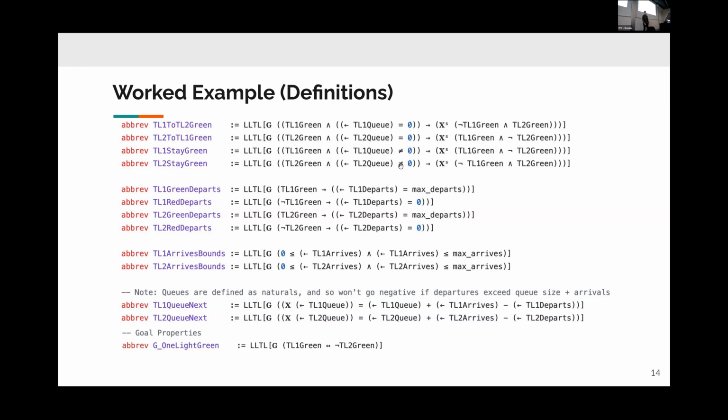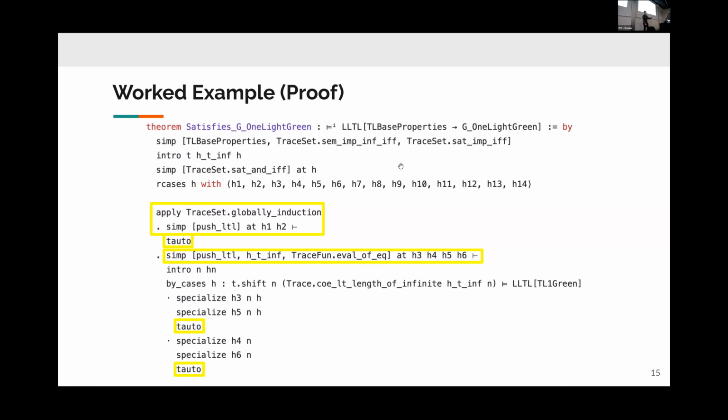That's a safety property, which means that we will not have two lights green at the same time with cars crashing into each other. A proof of this is really simple. We just use a few utilities in the library and the simp sets, and then we can reduce it into something that Lean can handle using the T-auto tactic.